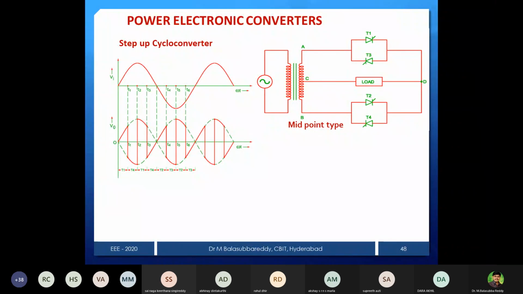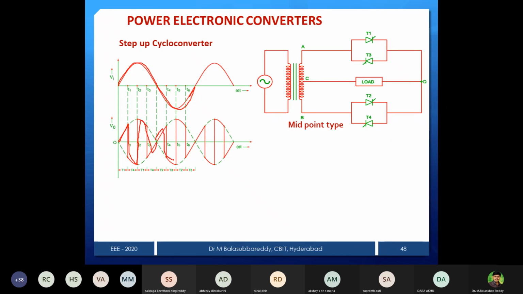The difference is very simple. Earlier, to get the output voltage waveform, I made use of many input voltage waveforms. Here, this is one input. How many outputs did I get? This is one cycle, positive and negative. Then another cycle, positive and negative, 2.